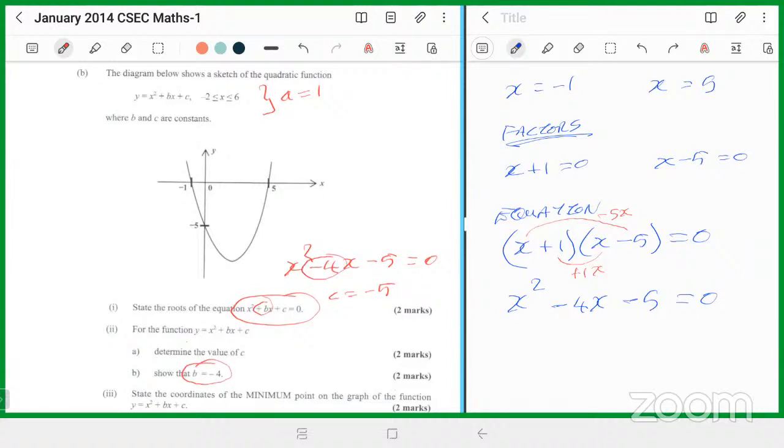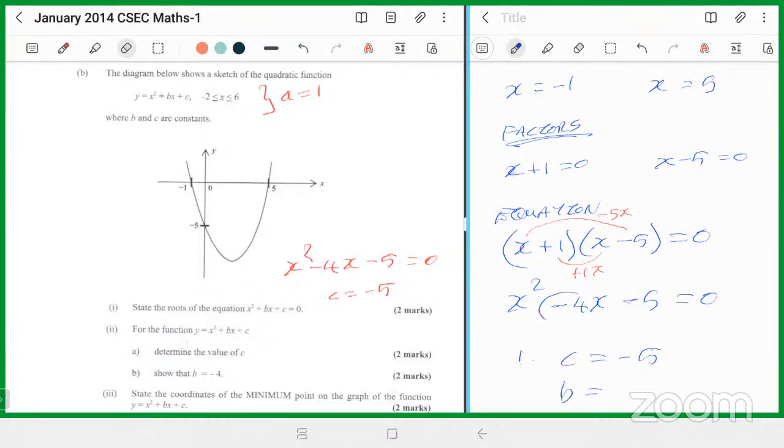The b is -4. So if you do the work this way that I just did, then that becomes the equation. It's clear, therefore, that c equals -5 and b equals -4. Understand that?